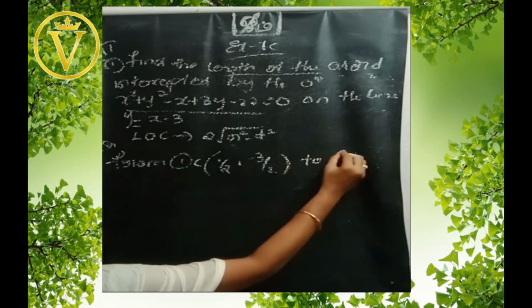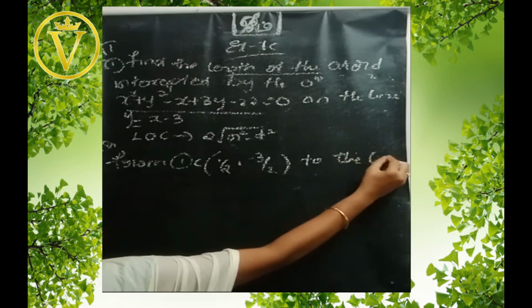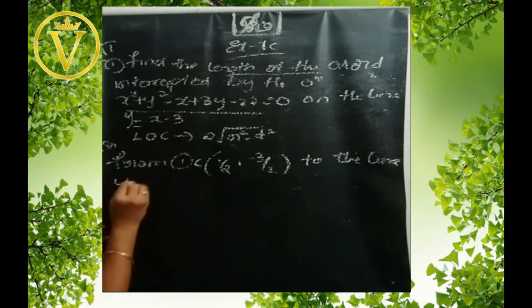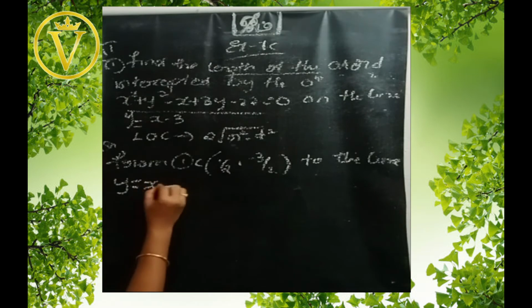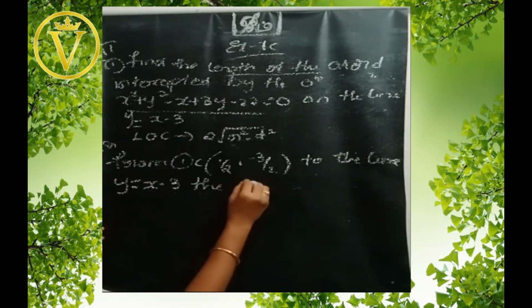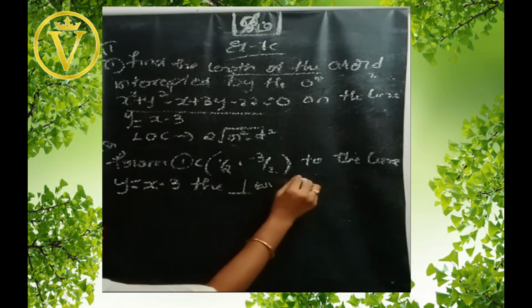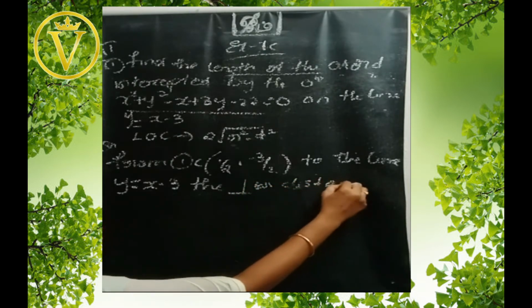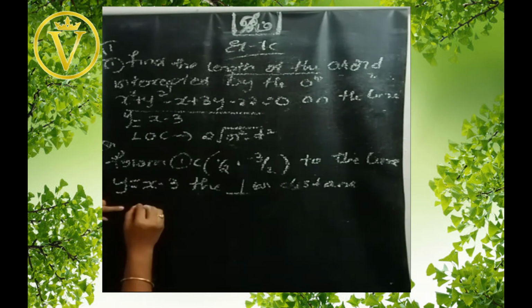To the line, what's the line they have given? y equals x minus 3. The perpendicular distance, what's the formula for this?